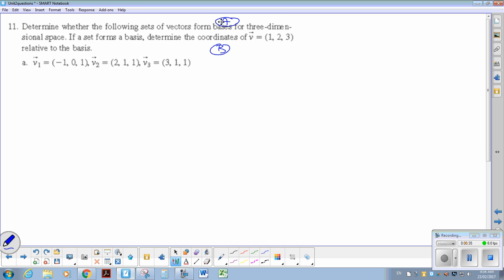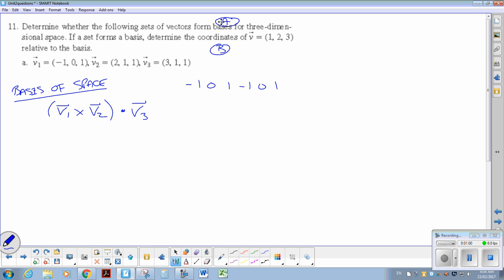So in order to find a basis of space, that means that we need to determine V1 cross V2 dot V3 to see what that's going to result in. So we're going to have to do a cross product here. So do that off to the side here.